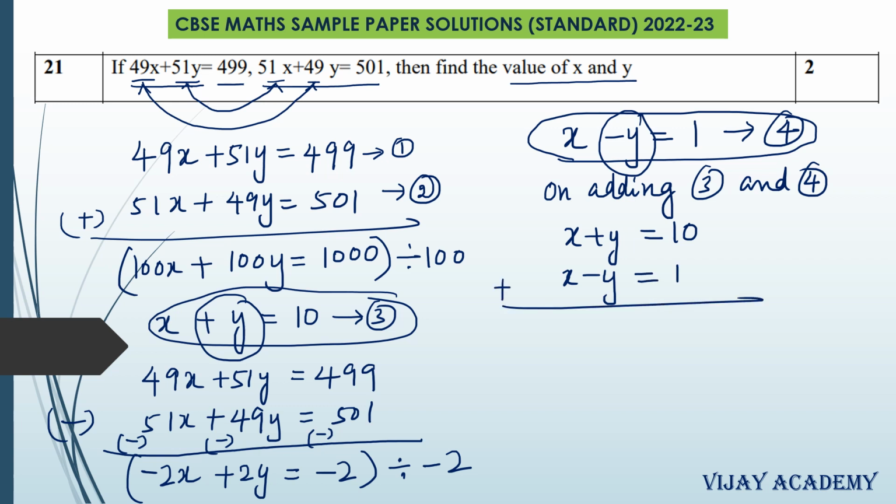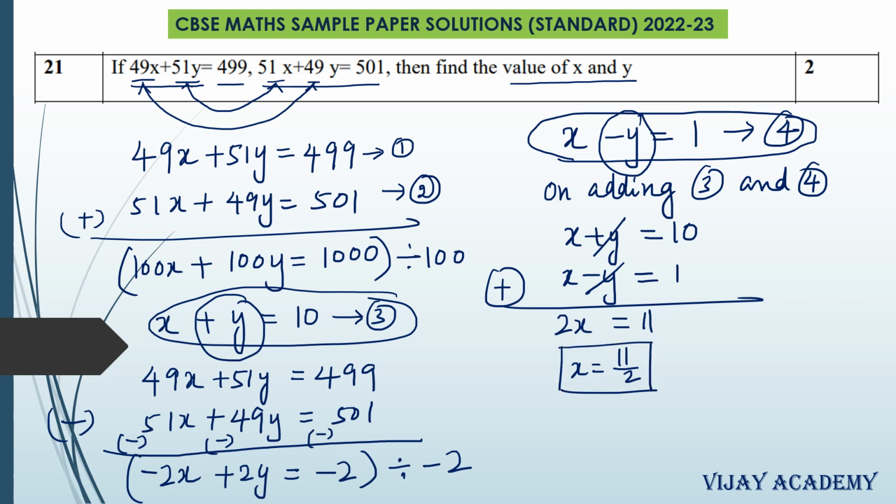Let us add them. We get x plus x is 2x, and plus y and minus y become 0, which equals 10 plus 1, that is 11. So we get x = 11/2. So this is the value of x.